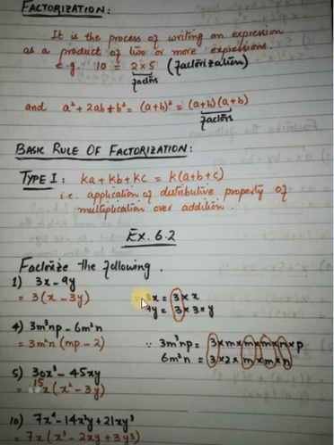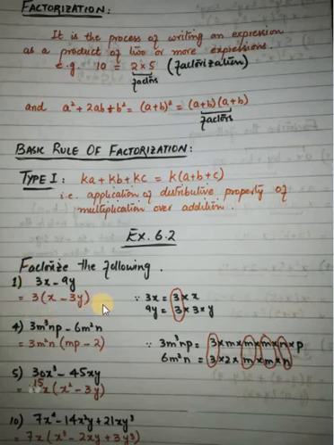As you can see, in 3x and 9y, this 3 is common. So when you take out this 3 as a common factor, you will get x over here and 3y over here. So after taking 3 as a common factor, you will get x minus 3y inside the bracket.